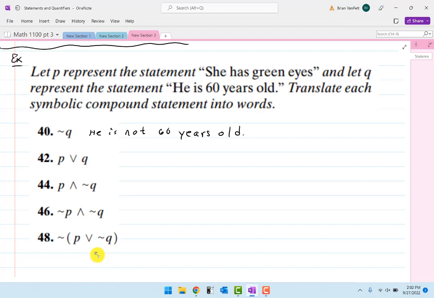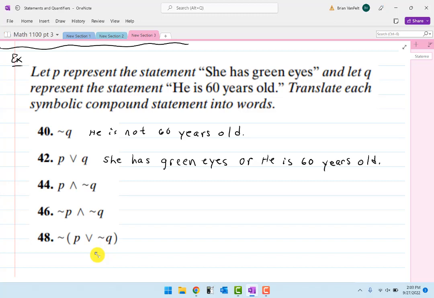Now P V Q, this should be P or Q, means this is the statement we'll use. She has green eyes, or that's the V, he is 60 years old.